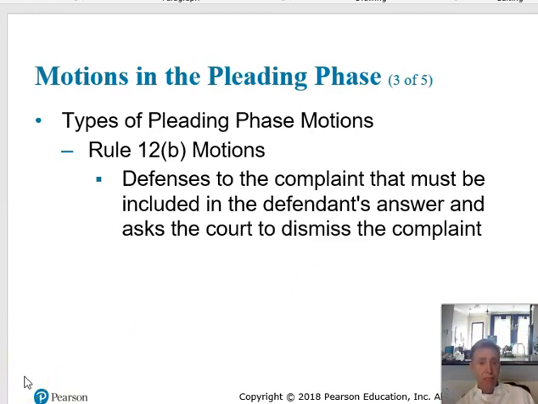Rule 12(b) motions: defenses to the complaint that must be included in the defendant's answer and ask the court to dismiss the complaint. Okay, so this is when they've done the pleadings. You as the defense are responding, and your motion might be, hey, dismiss this complaint. There's no cause of action here.